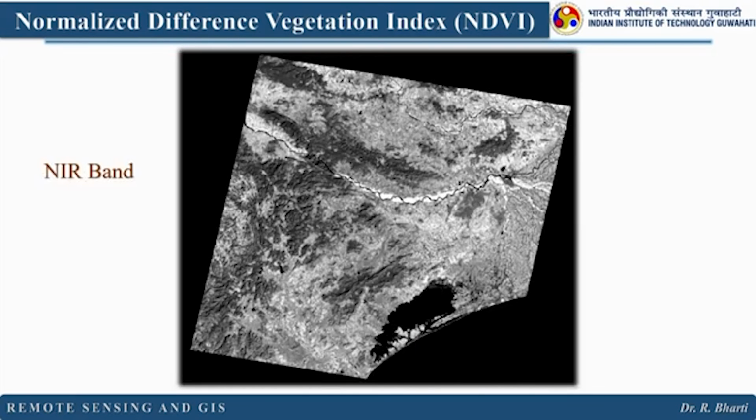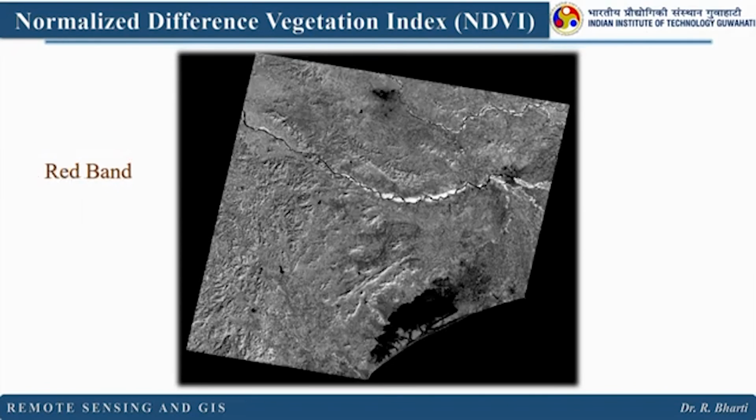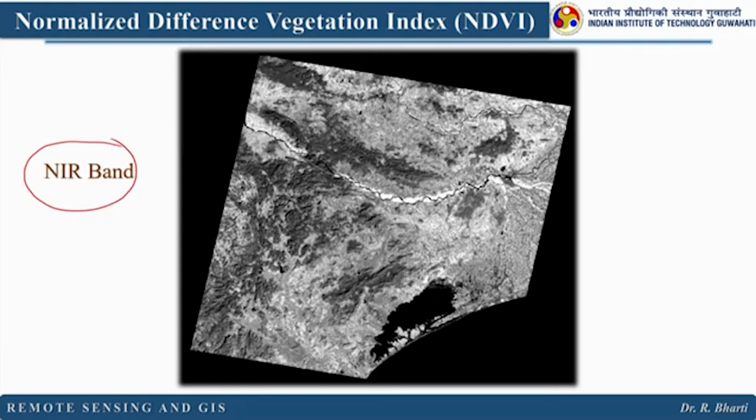Now, this is the example where I have put this NIR band, near infrared band, and this is your red band. Remember, if you see an individual band separately, it will look black and white because we are giving the same band information in red, green and blue colors available in our display system. That is why they are black and white.